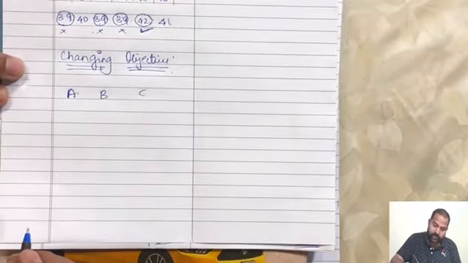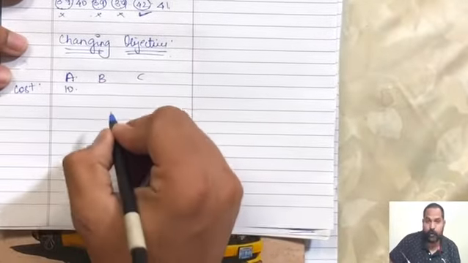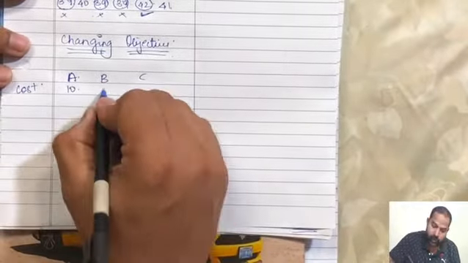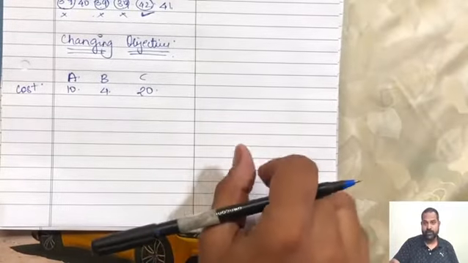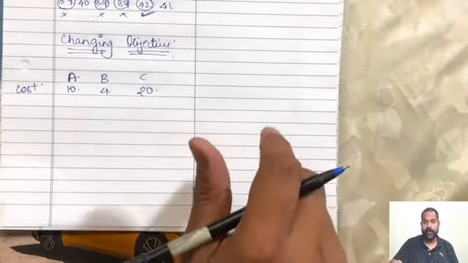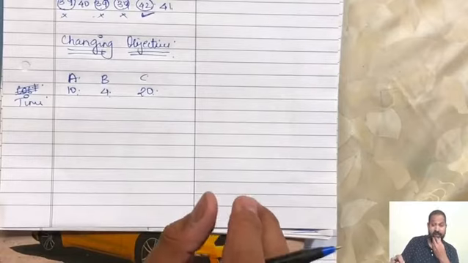The cost of these workers working on a certain machine: it costs A 10 rupees, B 4 rupees and C 20 rupees. Or let's say this is time. The time taken by A on a certain machine is 10, B is 4 and C is 20.